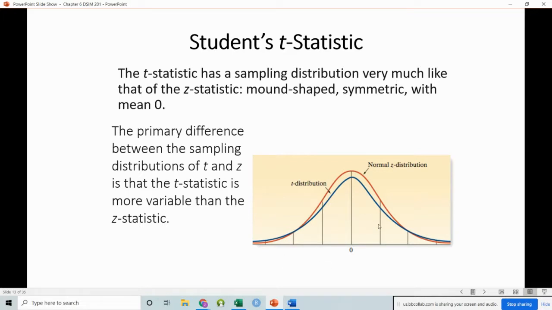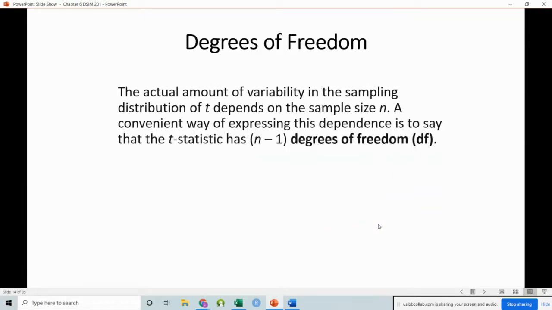So the t distribution is going to have to be adjusted by the degrees of freedom. The actual amount of variability in the sampling distribution of t depends on the sample size n. A convenient way of expressing this dependence is to say that the t statistic has n-1 degrees of freedom.